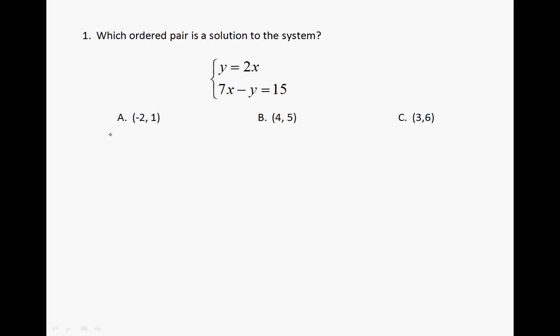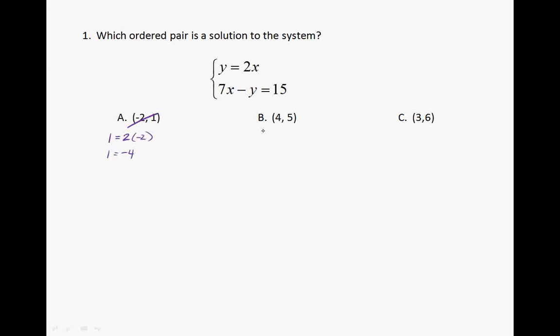Take 1, -2. So I'll put in 1 and -2 into both of these equations. There's my first one. Does 1 equal 2 times -2? No. So it does not solve the first equation, so we can go ahead and knock it out of the running. All right, let's try the next one.